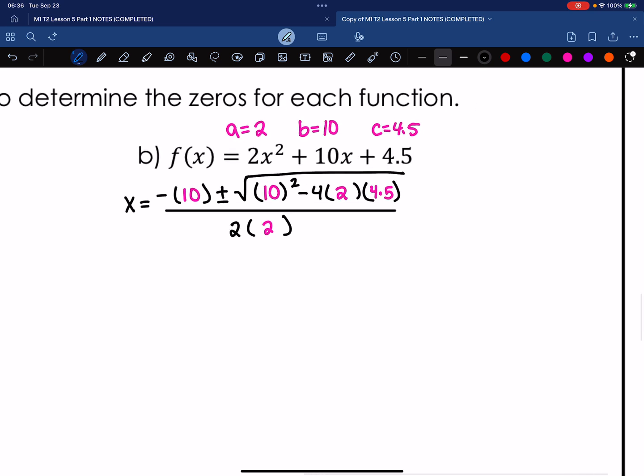So, just like before, my suggestion is to simplify the underneath so it makes it more manageable. So when we do that, we have a negative 10 plus or minus the square root of 10 squared minus 4 times 2 times 4.5, which gives us a 64, all over 2 times 2, which is 4.